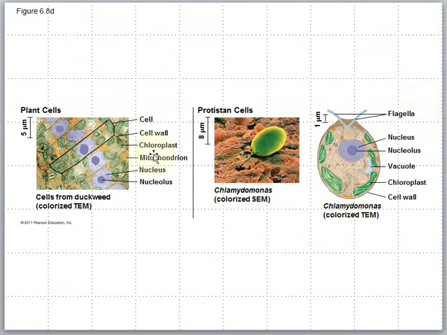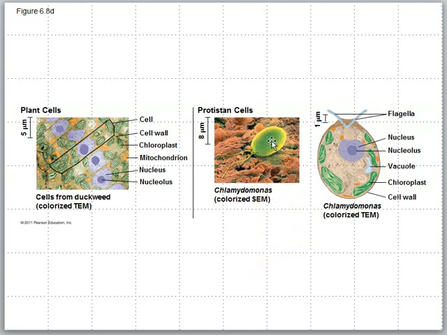Here's a colorized transmission electron microscope image of a plant cell from duckweed, which is a common pond floating material. Here is a particular little protist. Remember, the protists are kind of up in the air right now as far as how they're divided. They used to be just called protists, but there's a lot of different kinds of protists, and scientists are currently subdividing that category.